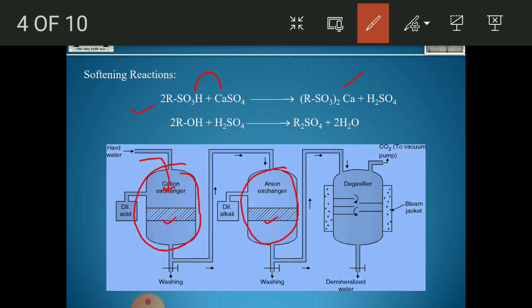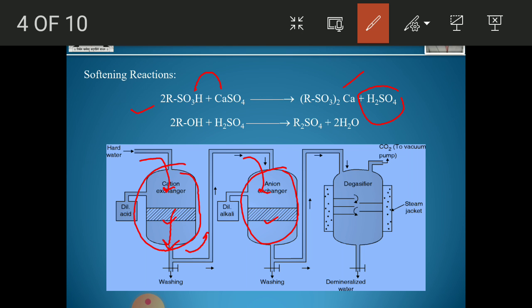Similarly, the water containing H2SO4 comes out from this cation exchanger and is passed now to the anion exchanger. In that water, H2SO4, meaning the anion part SO4 from the calcium sulfate, is still present, and that we have to remove using anion exchange resin.